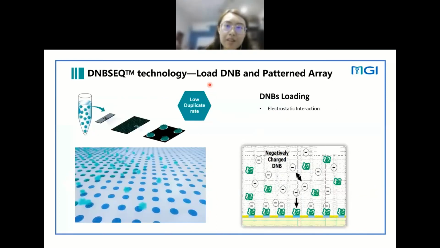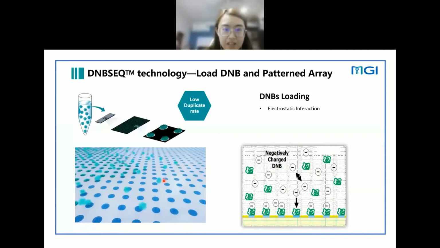After making the DNBs, we come to the third part of our DNB technology, which is the patterned array flow cell. We have our DNB mixture here, and we need to load it into the flow cell. If you look into the flow cell, you will see this dot matrix, which we call a patterned array.